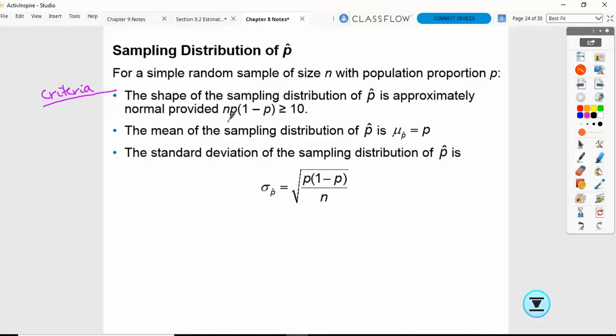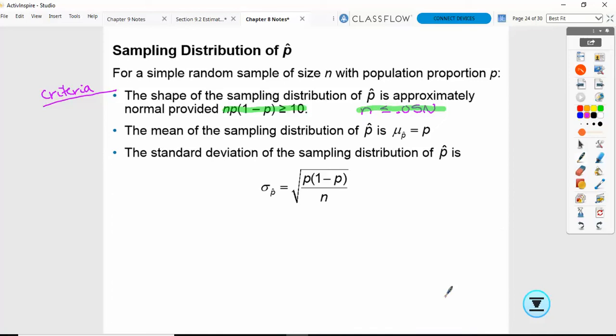With these, it has to be true that n times p times 1 minus p is greater than or equal to 10. And technically, it should also be true that my sample is less than 5% of the total population, just for independence reasons.